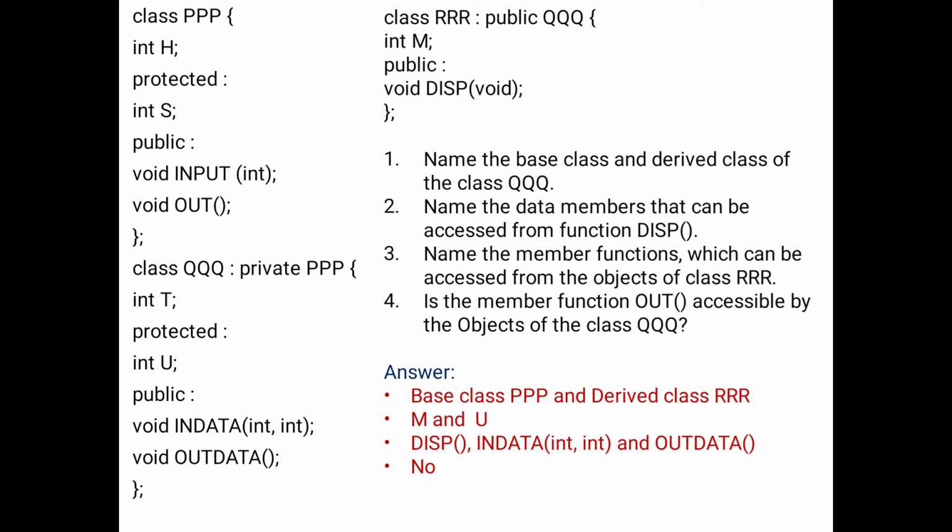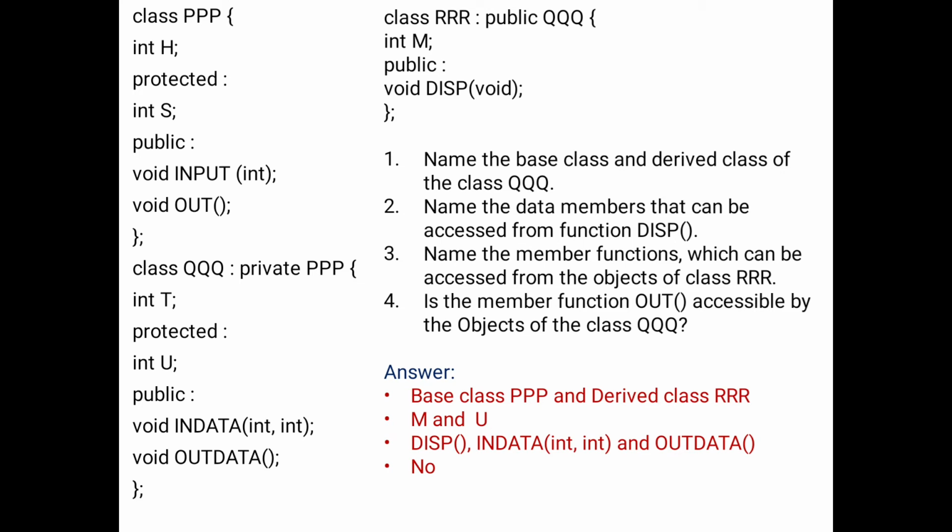When that int u is declared inside class RRR, though the access specifier is mentioned as public, since in the class QQQ it is protected, in the class RRR also it will remain protected only.